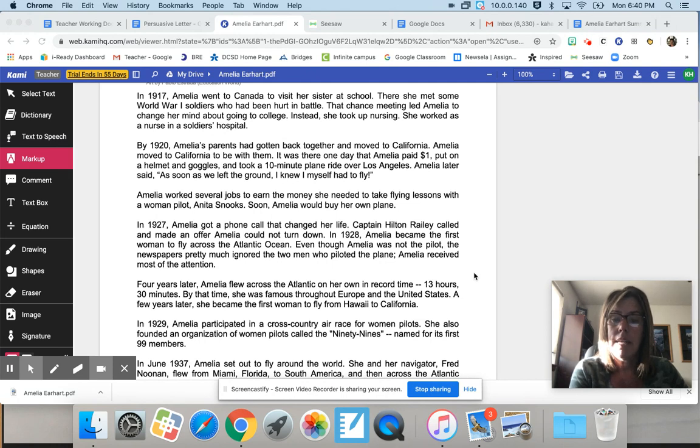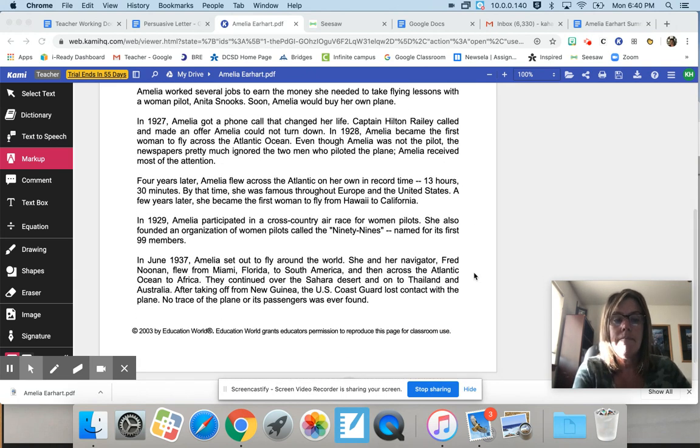In 1928, Amelia became the first woman to fly across the Atlantic Ocean. Even though Amelia was not the pilot, the newspapers pretty much ignored the two men who piloted the plane. Amelia received most of the attention. Four years later, Amelia flew across the Atlantic on her own in record time, 13 hours and 30 minutes.